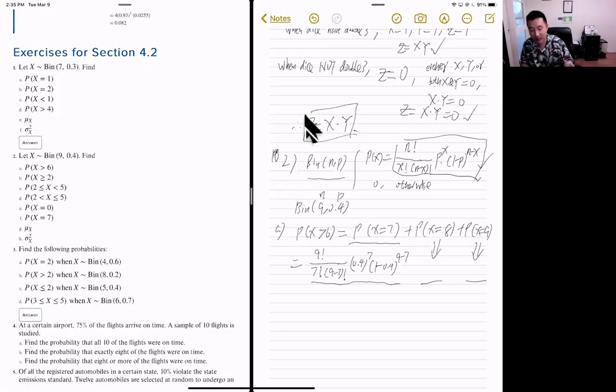For some calculators, you can tell it binomial n and p, with n equal to 9, p equal to 0.4 for this case, and if you calculate P(X equal to 7), it will give the answer directly. Any question about how to calculate this? All right, so P(X larger than 6) includes X equal to 7 plus 8 plus 9.